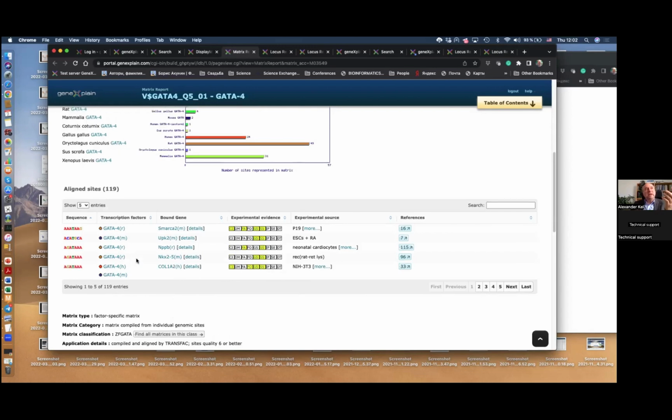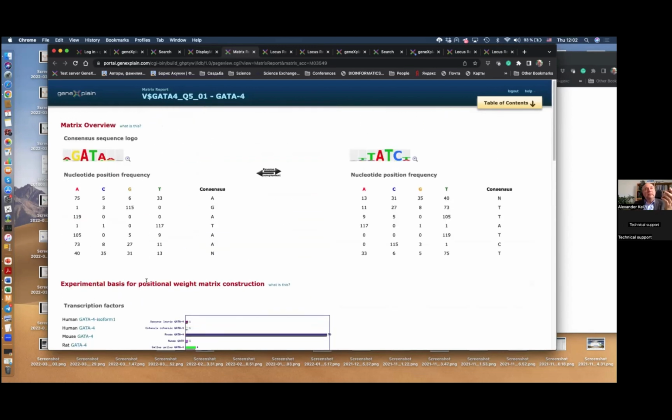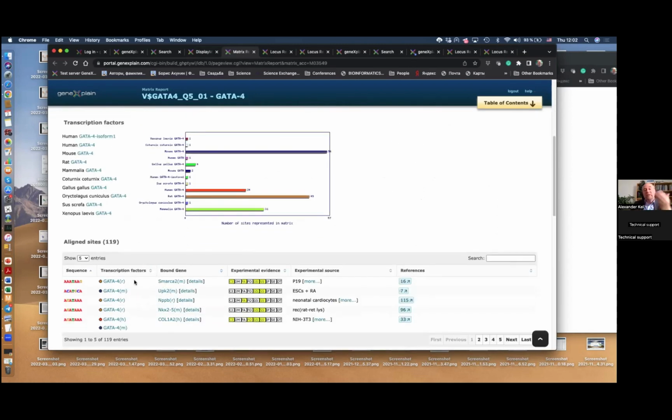So when we say it's a matrix based on sites with quality 5, it means we took all known binding sites. If it's based on quality 3, then it will be Q3. To a certain extent, you can be more sure that Q3 matrices are better matrices, because they are based on sites with more experimental evidence.